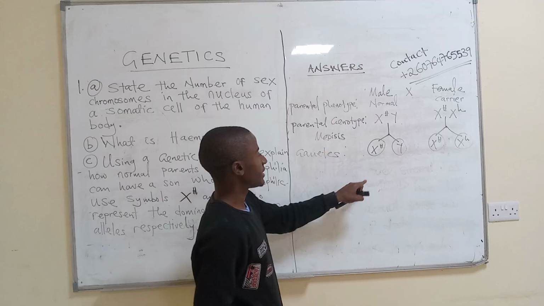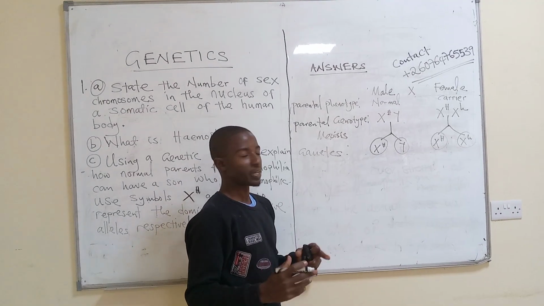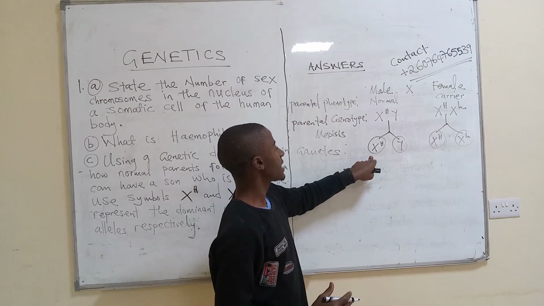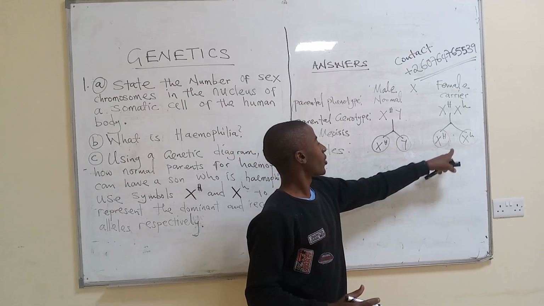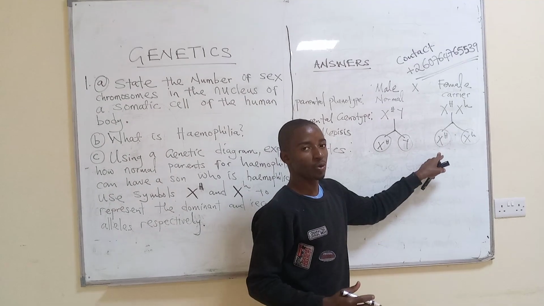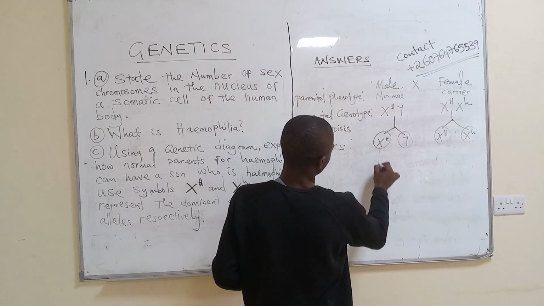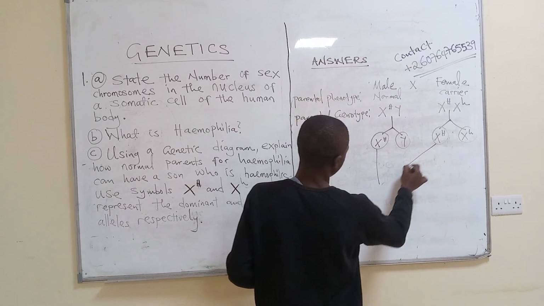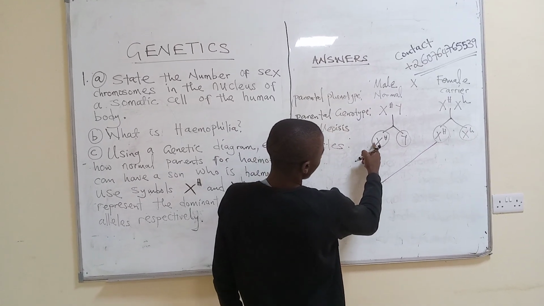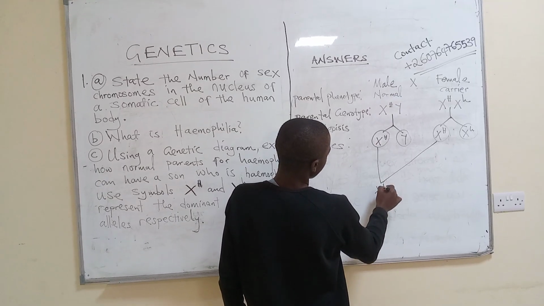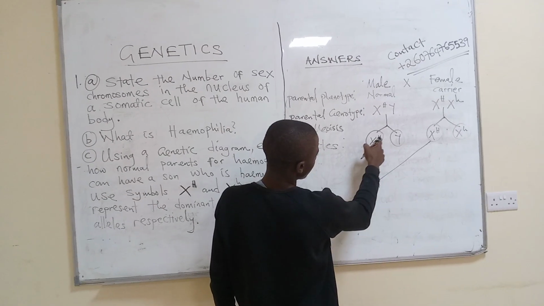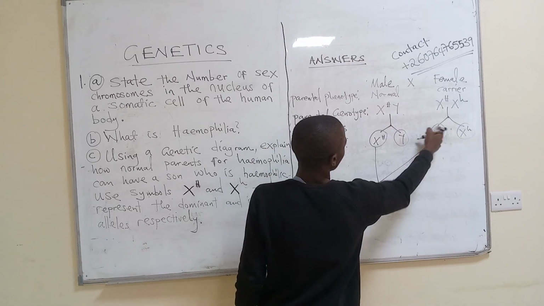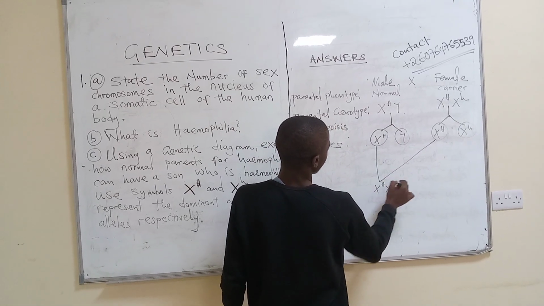Now bear in mind that random fertilization is going to take place, where this gamete is going to combine with these two gametes. So we are going to have the female who is normal. We get this gamete with that gamete, forming that.